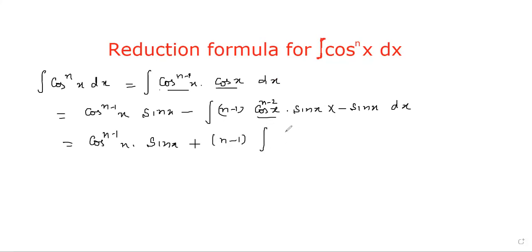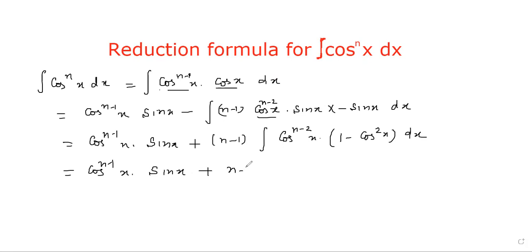Then integration cos power n minus 2 x times sin square x, and sin square x can be written as 1 minus cos square x dx, which is equal to cos power n minus 1 x times sin x plus n minus 1 integration cos power n minus 2 x dx minus n minus 1 integration cos power n minus 2 and cos square will make it cos power n x dx.